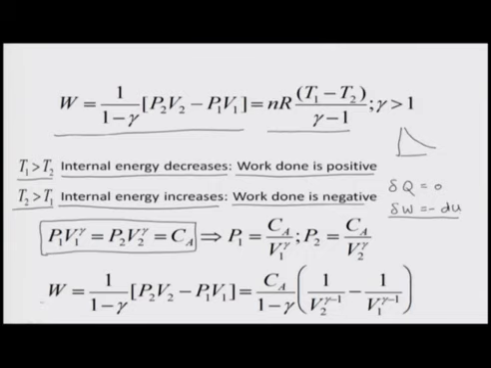I can express this entire work done in terms of volume only. Ca carries the information about the pressure. So, this is the expression which you can also write in terms of Ca. This may be useful in our later discussions.